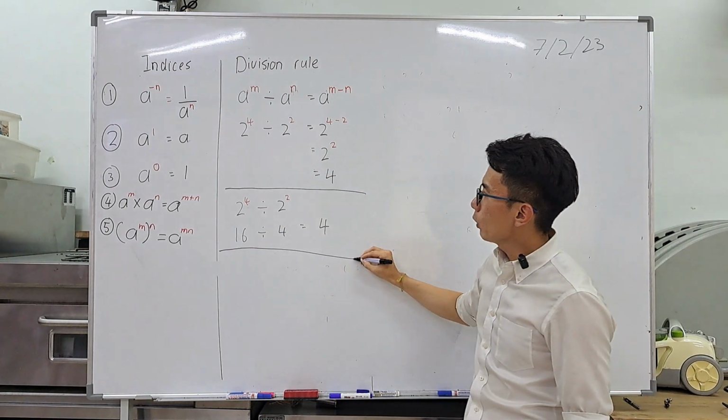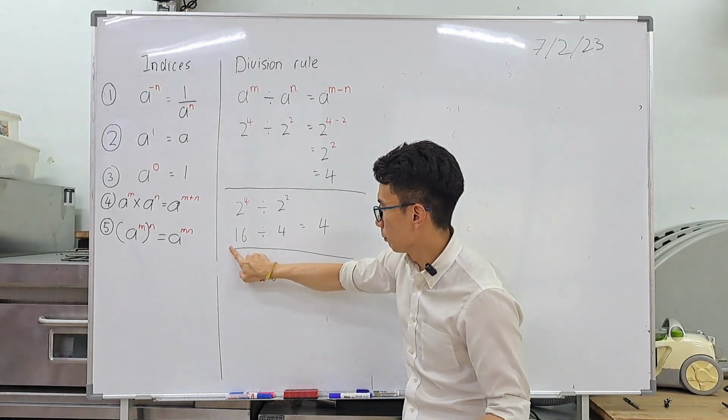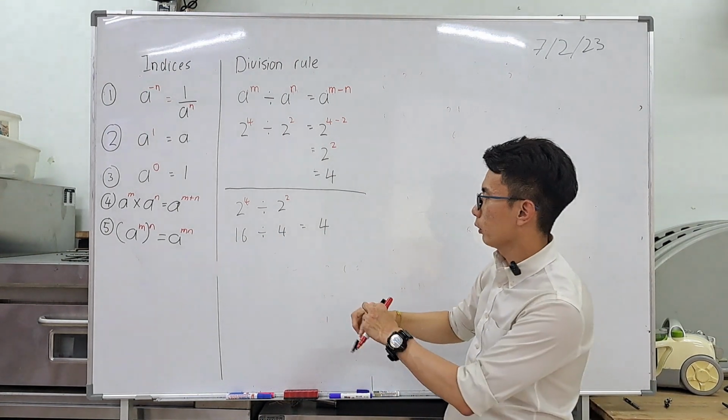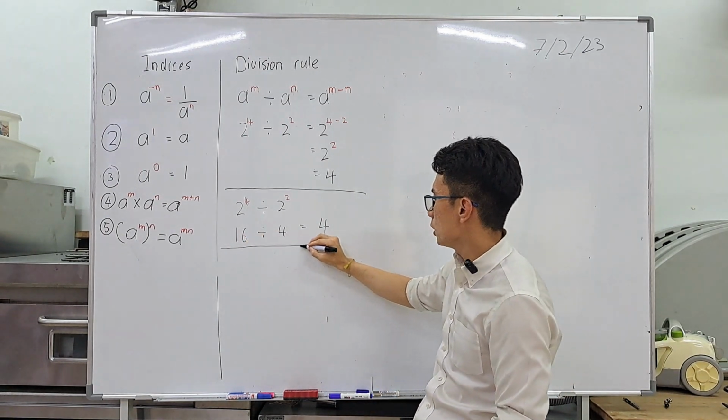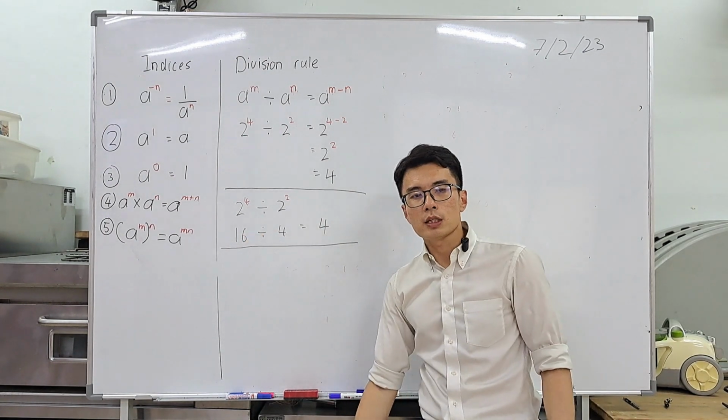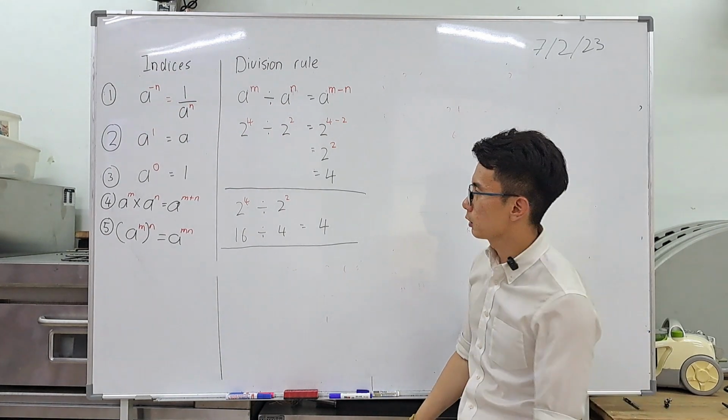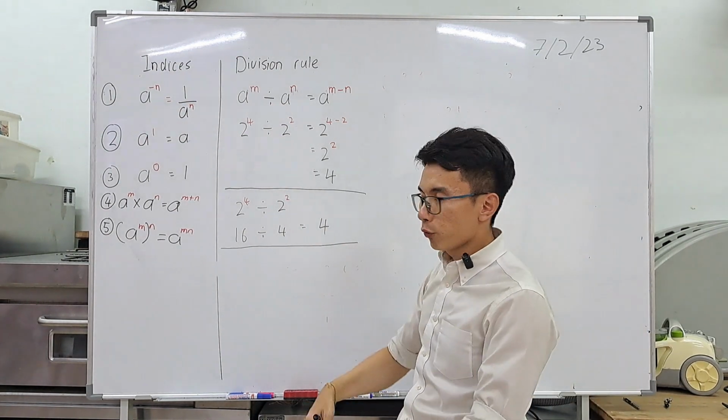Now, the next one over here, I'm going to show you another example, and this is going to be quite important because this is usually a very common mistake that a lot of people make in indices. So let's start off with the question.